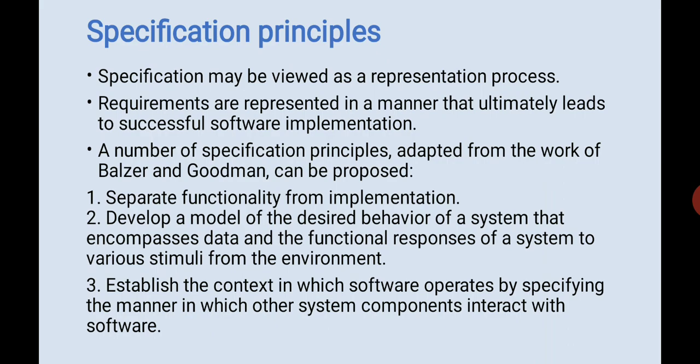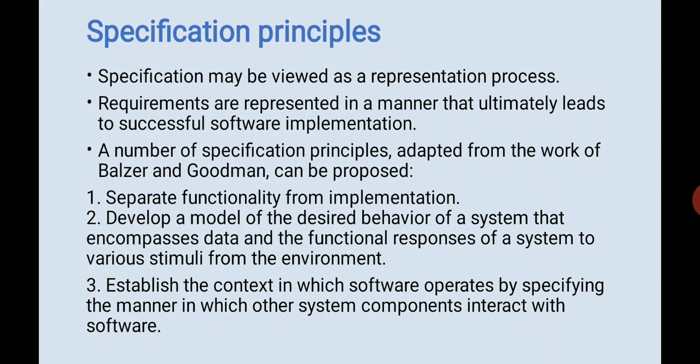Point number 2. Develop a model of the desired behavior of a system that encompasses data and the functional response of a system to various stimuli from the environment. This is very important. Here we need to develop a model according to our need of the system, that takes care of all the data and the functional response of a system.